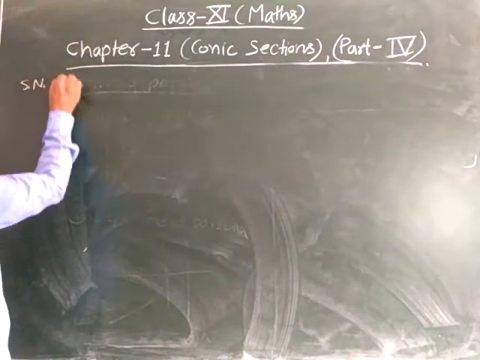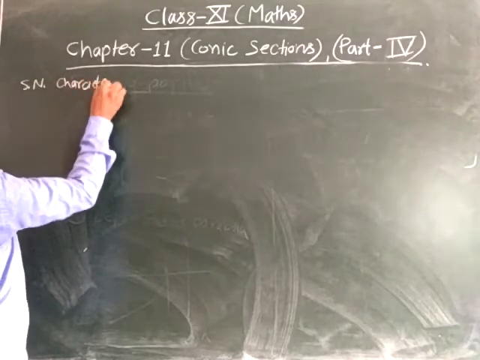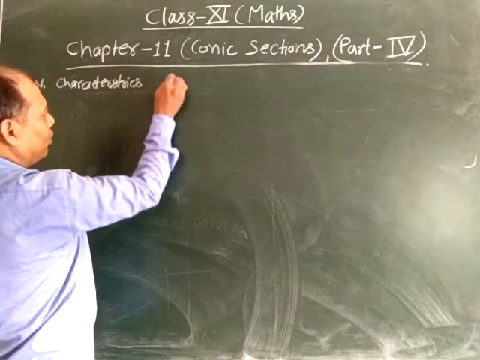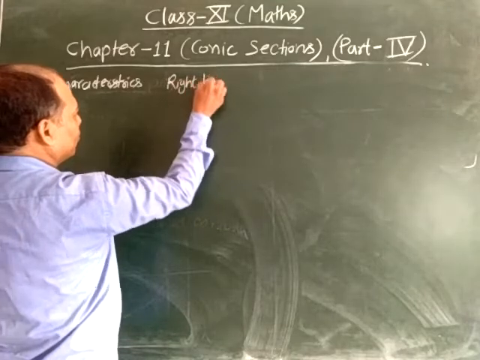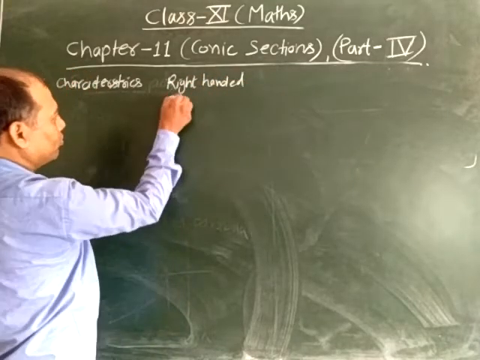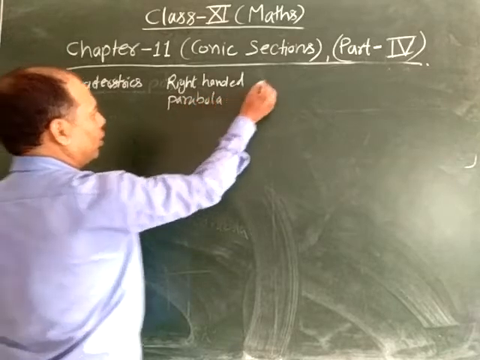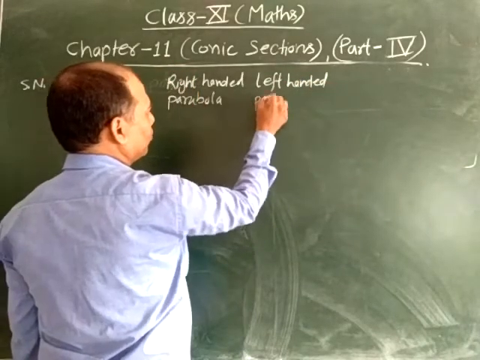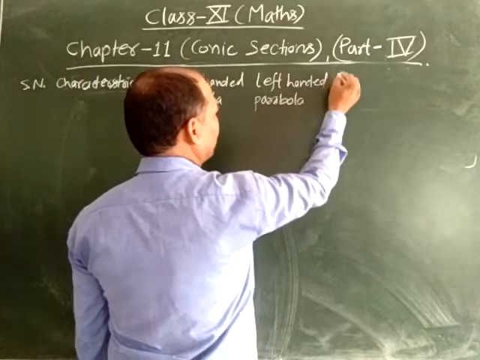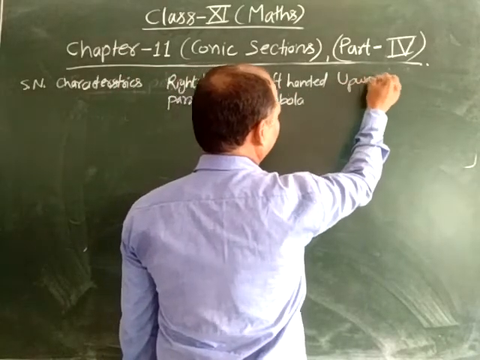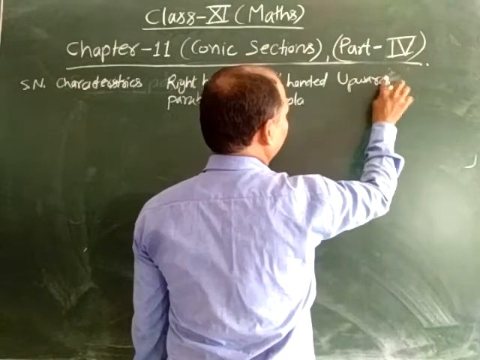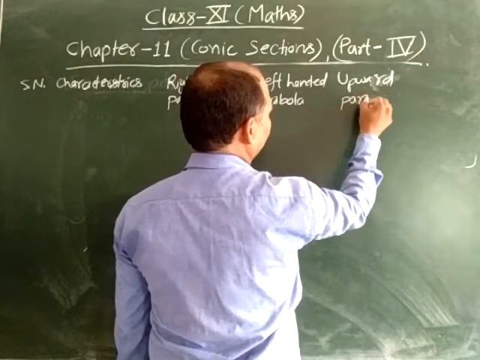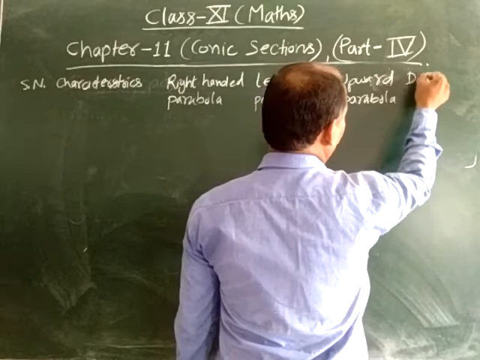Serial number, characteristics, and right-handed parabola, left-handed parabola, upward parabola, and the last one is downward parabola.